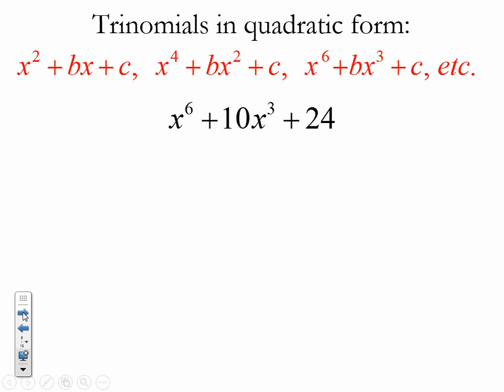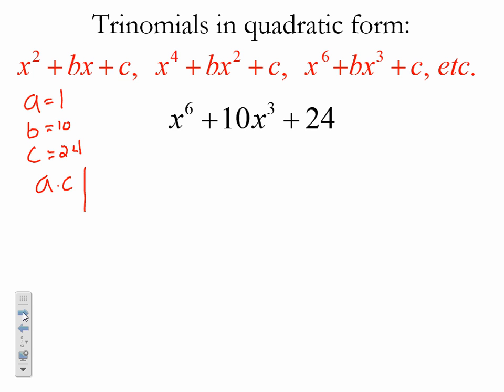All right, moving on. The last one was a review. This one is a little bit new. For this one, I have x to the 6. We're going to treat it the same way as we did the last one, so we're going to find our a, b, and c. A equals 1, b equals 10, c equals 24.